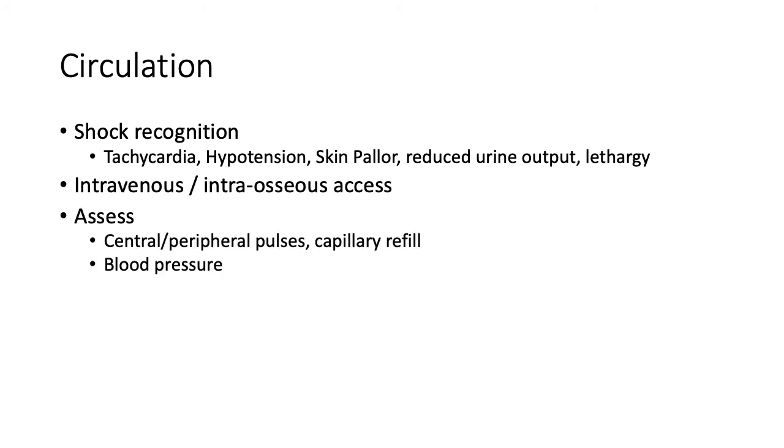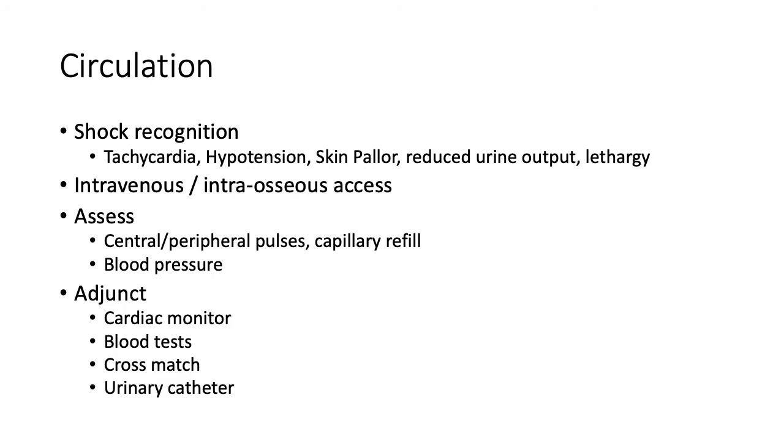To assess circulation, we check central and peripheral pulses, capillary refill time, and blood pressure. We should also request cardiac monitoring, blood tests such as full blood count, cross-match for blood transfusion, and a urinary catheter for monitoring of urine output.